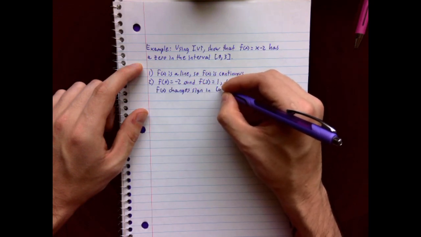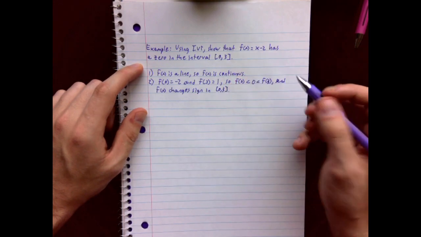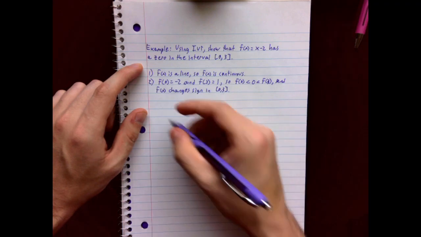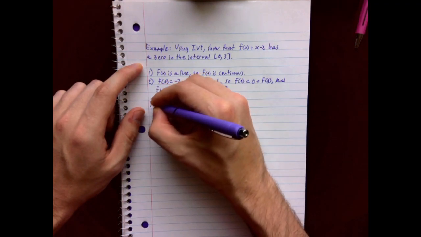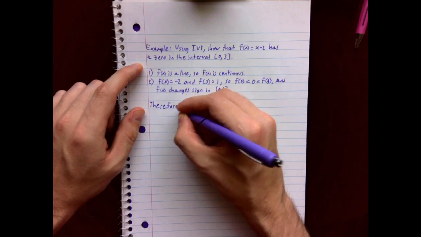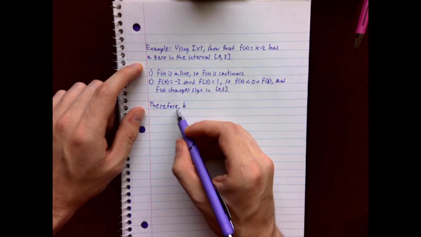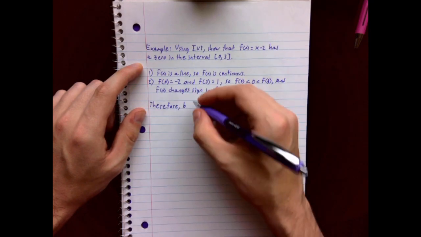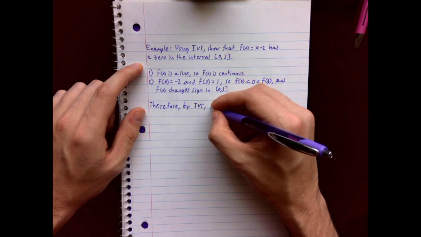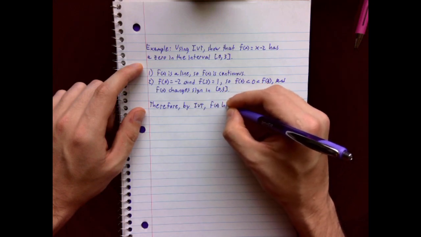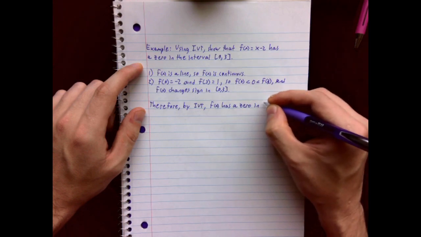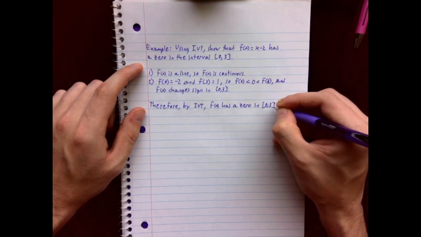in 0 to 3. Well, f of x is continuous, f of x changes sign in 0 to 3, therefore, by the intermediate value theorem, f of x has a 0 in 0 to 3.